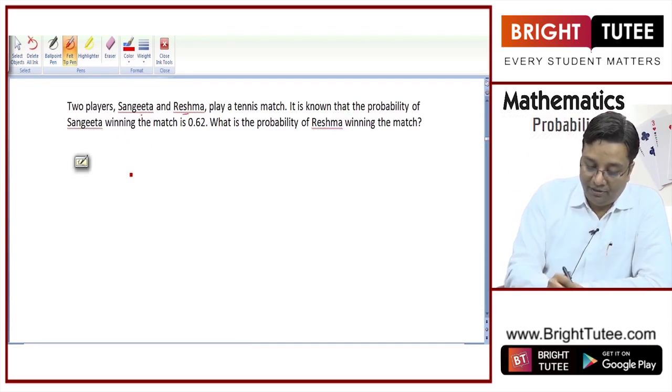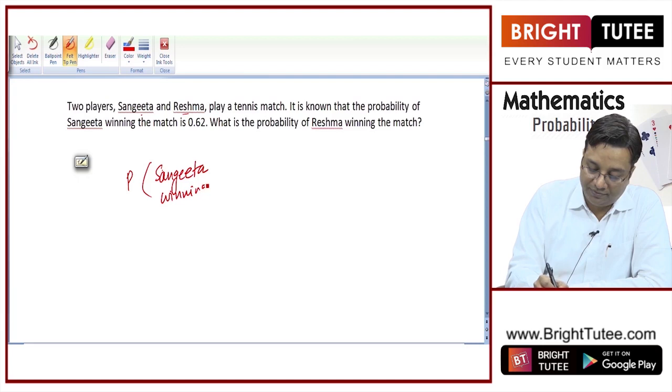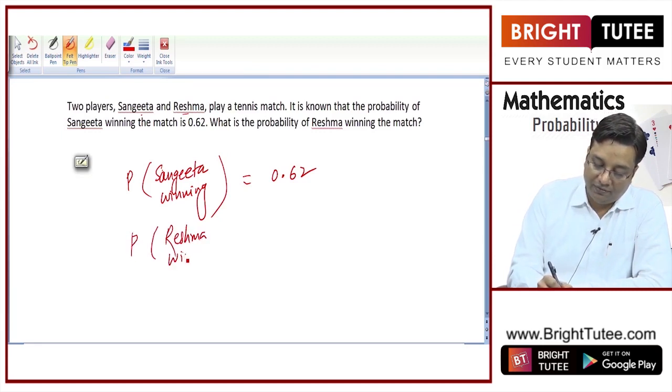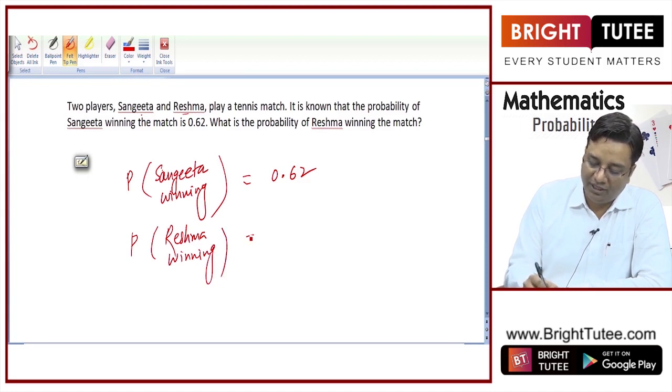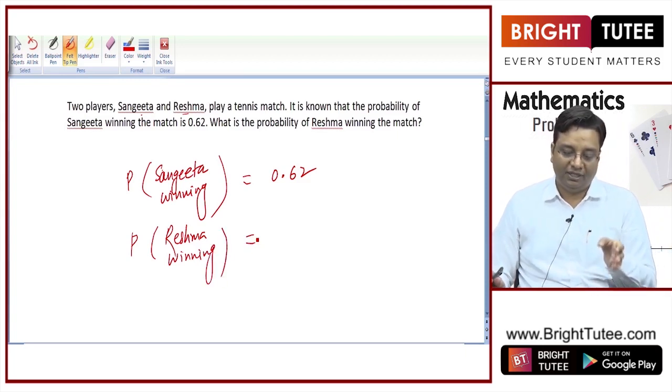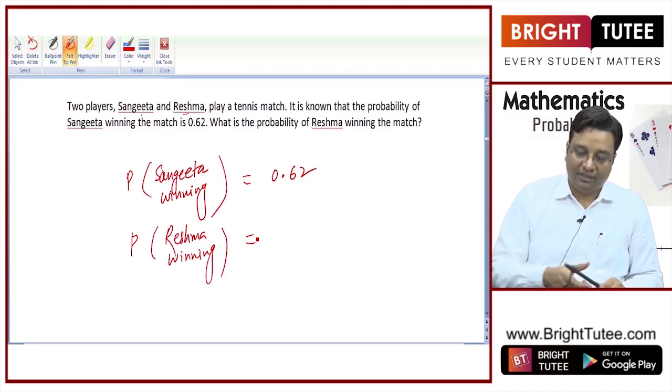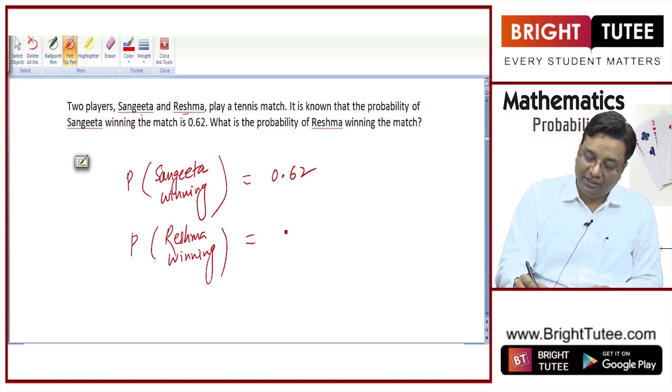So, the probability of Sangeeta winning the match is given as 0.62, and we need to find the probability of Reshma winning. You can intuitively feel in this question that if in case Sangeeta doesn't win, Reshma will win, right? So, the probability of Reshma winning is nothing but 1 minus the probability of Sangeeta winning.